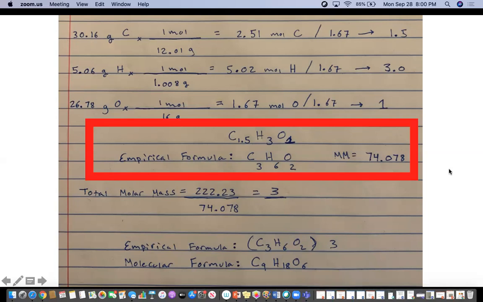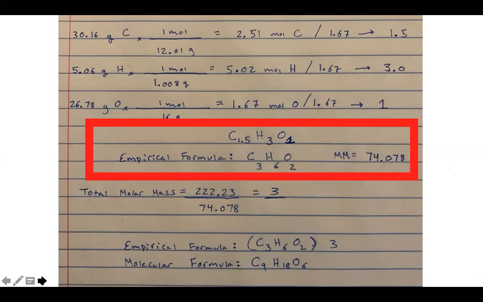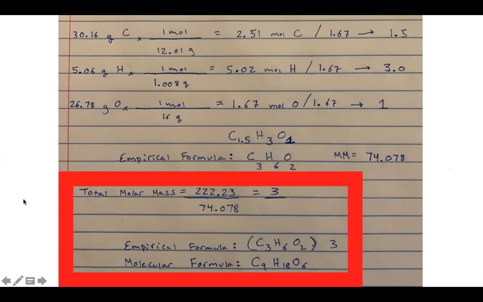Okay? And you can see I also wrote the molar mass of that. If you calculated it for the empirical formula, it would come out to 74 or so. Okay? So just the last step is they asked for the molecular formula, not our empirical formula. And so to make this jump, you're going to take the total molar mass of the compound, which was given to us. It was 222.